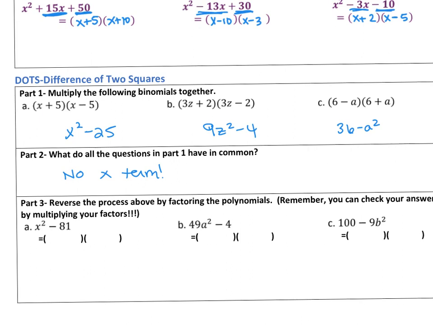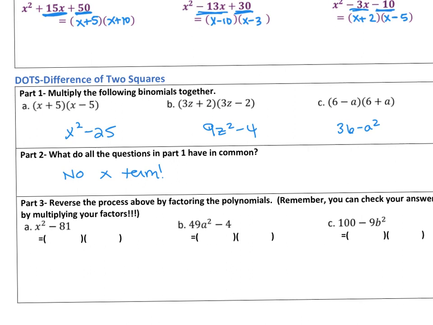All right, so you should have figured out that these are your values, and the thing they have in common is they don't have any middle terms. So you don't have an X term or a Z term or an A term. Those middle terms have dropped out because you have opposite pairs. So when you're trying to factor, we can work that out backwards.